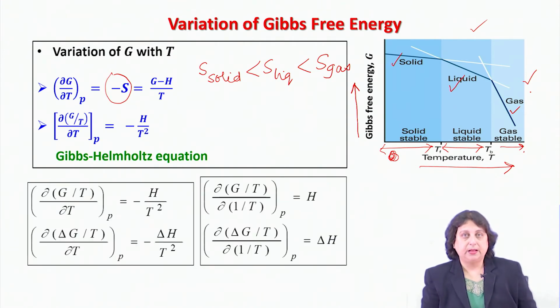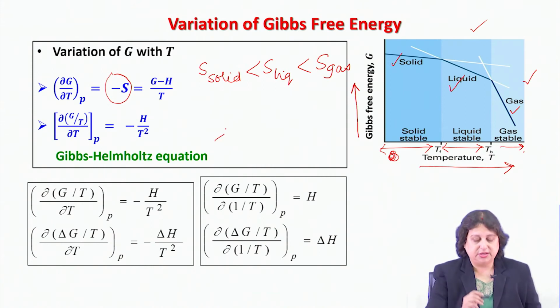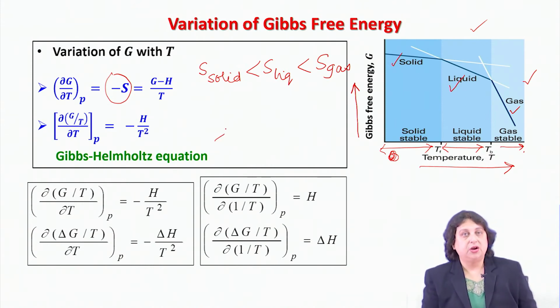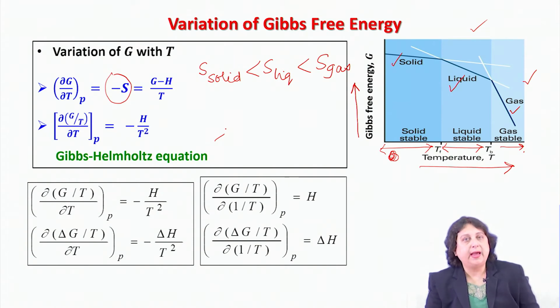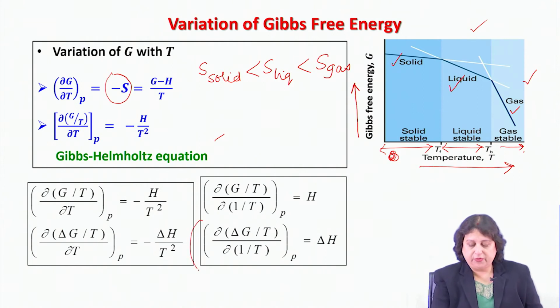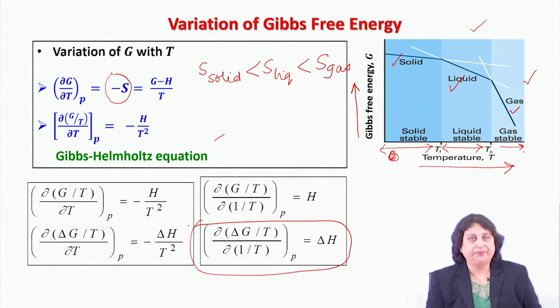So, in addition to the form that I have shown here, there are other forms of the Gibbs-Helmholtz equation that I have summarized here. You are encouraged to go back and derive these expressions starting from the definition of G. Now, why do I want to have so many different forms of the same equation?